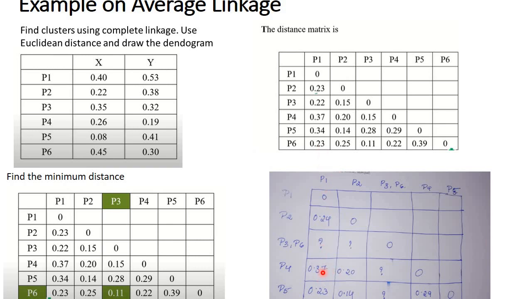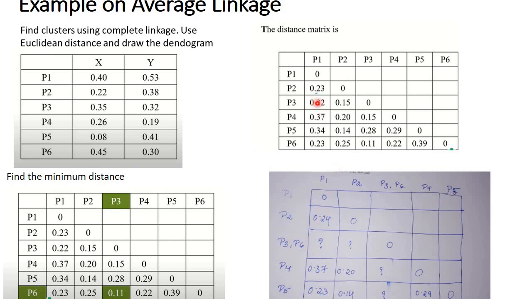Now what is it that is not available? That is the distance between the newly formed cluster and other data objects like P1, P2 or P4, P5. Now what is the value that I have to fill here? Here, instead of finding the minimal distance between the newly formed cluster and the other data objects, or the maximal value, I should be finding the average distance of P1 to P3 and P1 to P6.